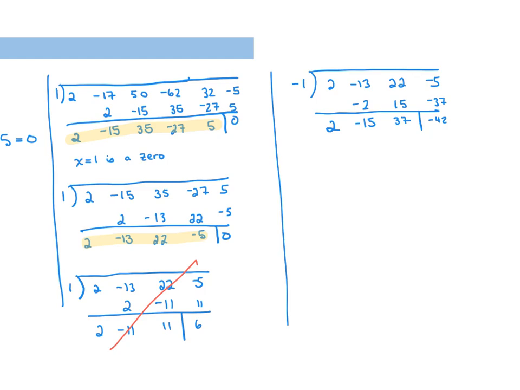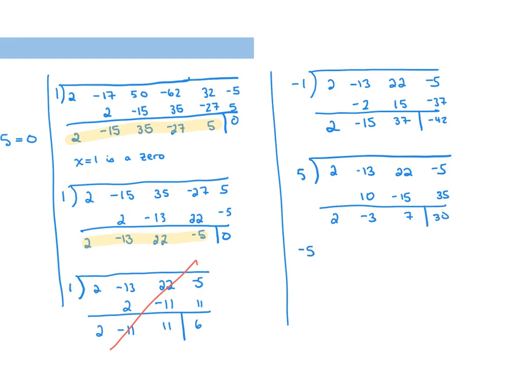Let's go down the list. Let's check 5. Let's put 5 in. So 2, negative 13, 22, negative 5. Bring down the 2. 5 times 2 is 10. Add, multiply, add. 5 times 7 is 35. That gives us 30 when we add. So let's try now negative 5.